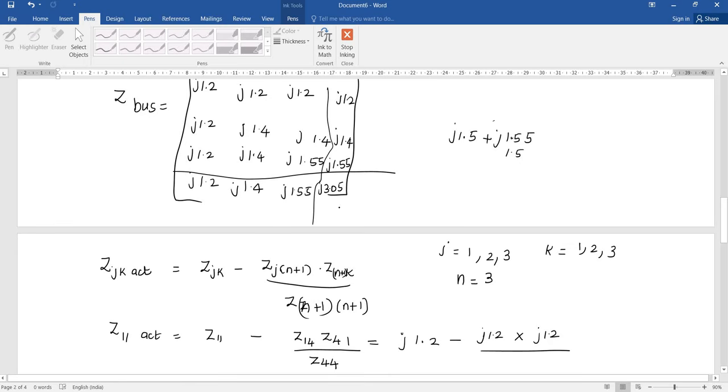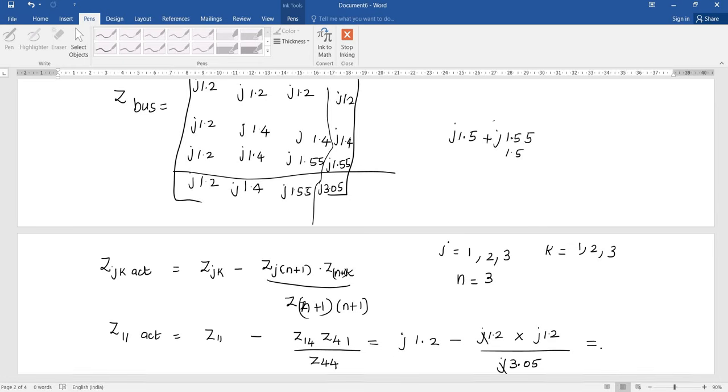So Z44 is j3.05. Then you have to use ordinary division and multiplication to find out the answer.